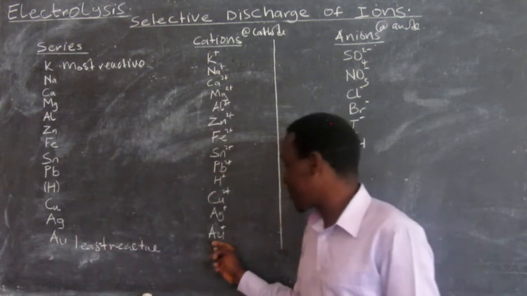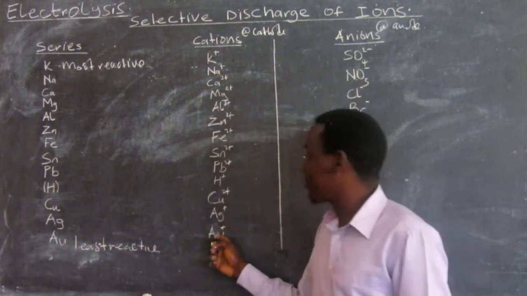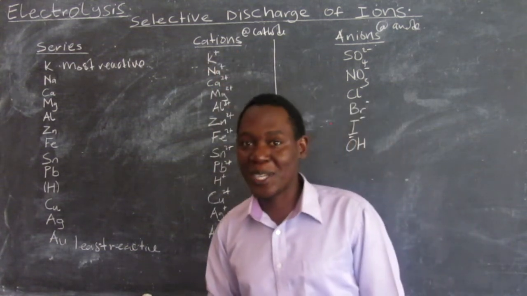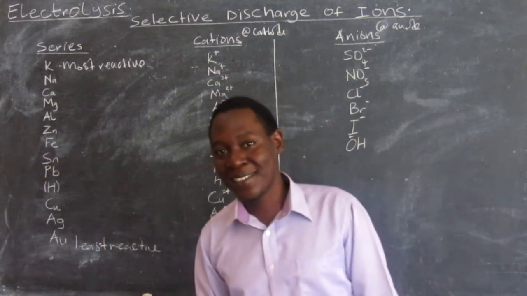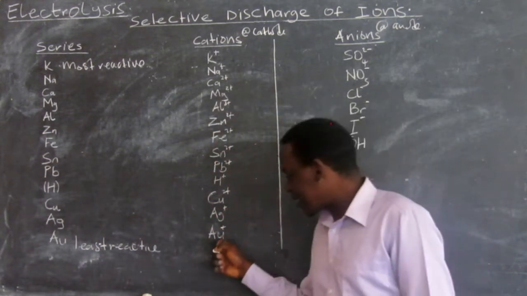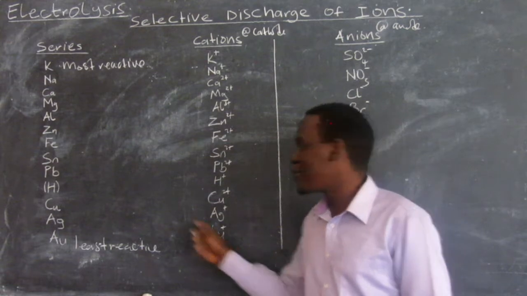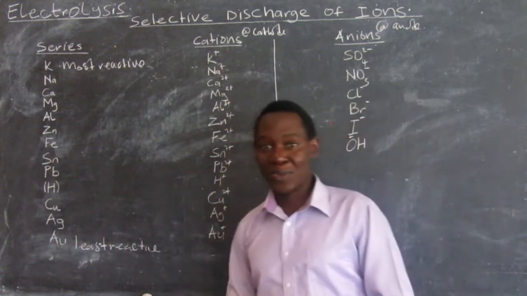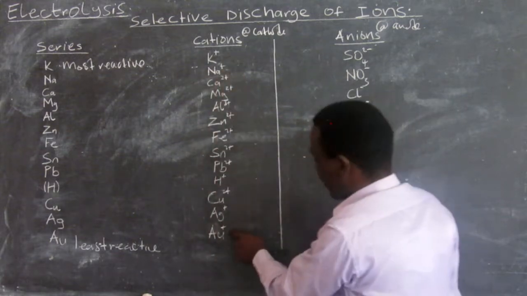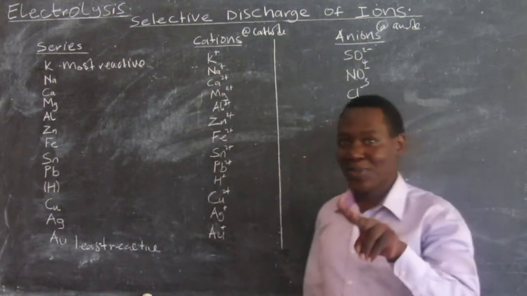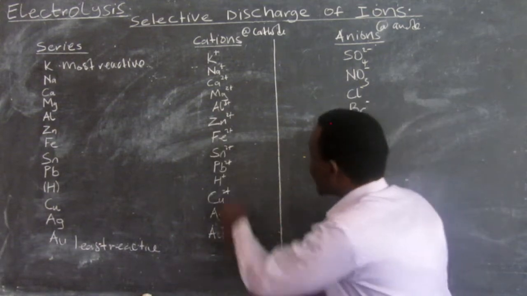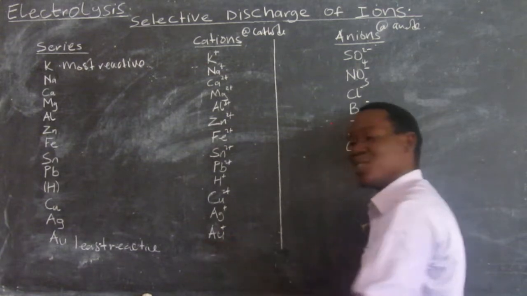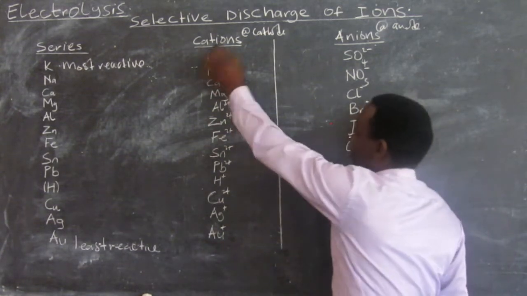Here, this one is more reactive than this one, which is more reactive than this one. But in this case, we shall not use the word reactive, but we shall use the words easier to discharge. Is it okay? Meaning that this ion here is easier to discharge to form an atom than the ion up here. Take an example. If you have a solution which contains potassium and gold cations, when these two cations go to the cathode to be discharged, you'll find that the gold down here is going to be discharged in preference to potassium.